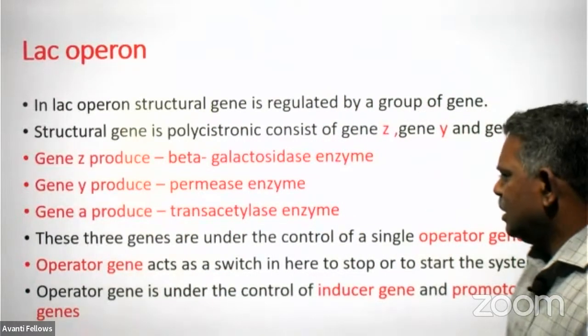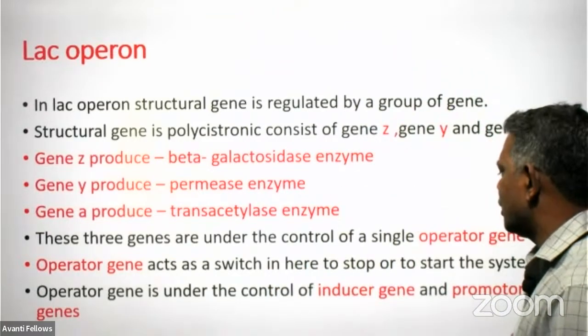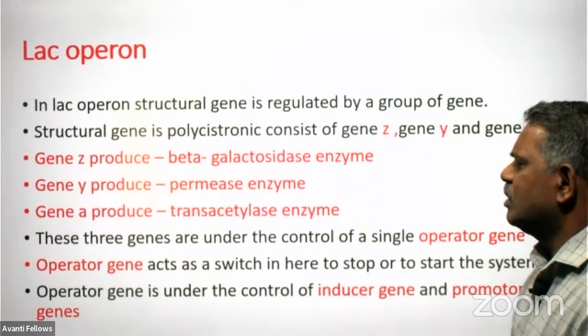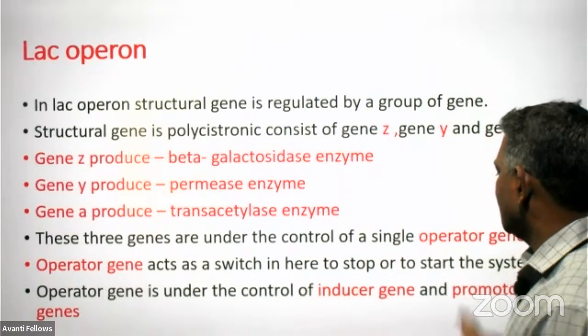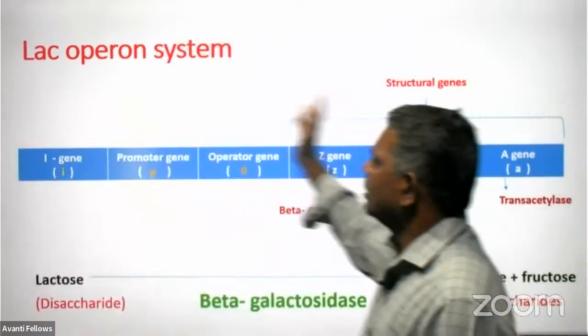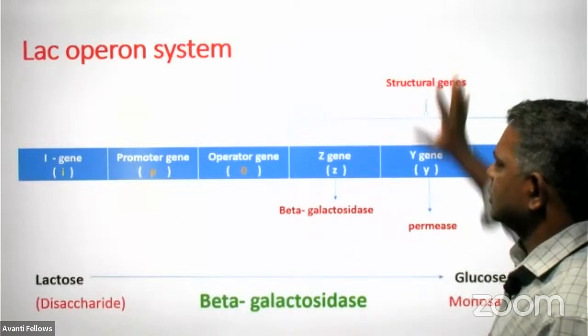The operator gene acts as a switch in this lac operon to stop or to start the process of the system. The operator gene is under the control of the inducer gene and promoter gene. That's how all the genes work together to control or regulate the structural gene.